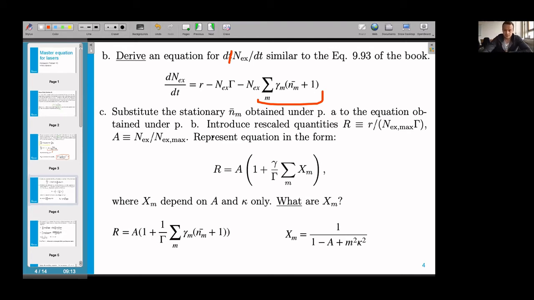What you're asked to do is to substitute the stationary solution that we have found in point A into the equation in point B, and by introducing rescaled quantities: R, which is just R divided by the number of excited atoms times the decay rate, and A, which will be the ratio between the number of excited atoms with respect to the maximum number of excited atoms. So this quantity can never be bigger than 1. It goes from 0 to 1.